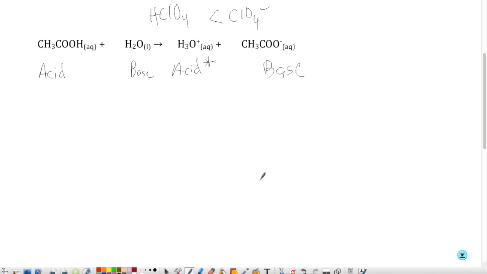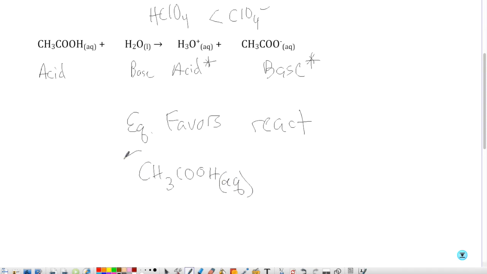Okay, so equilibrium favors reactants. Okay, and which would mean that unionized acetic acid is going to have the greater concentration in solution.